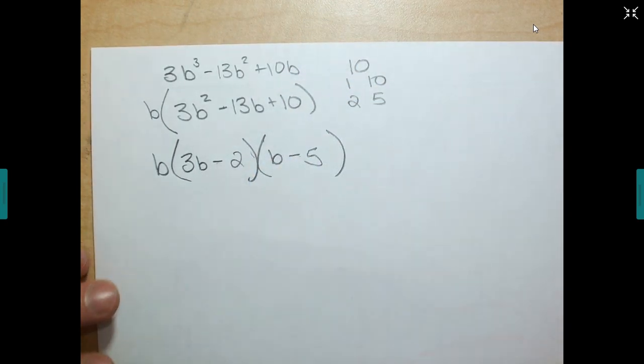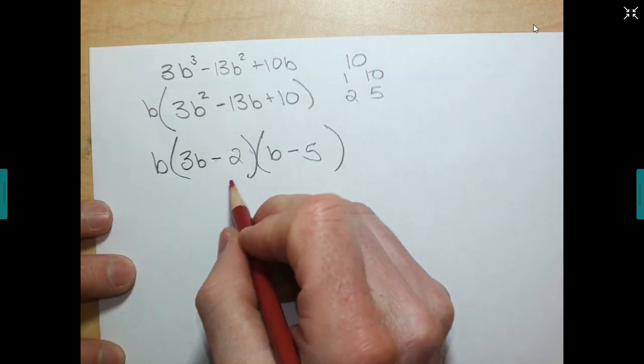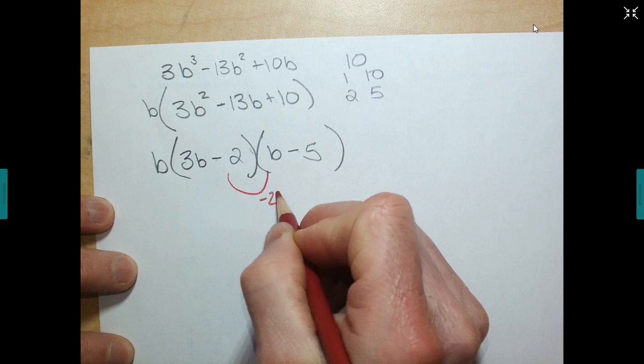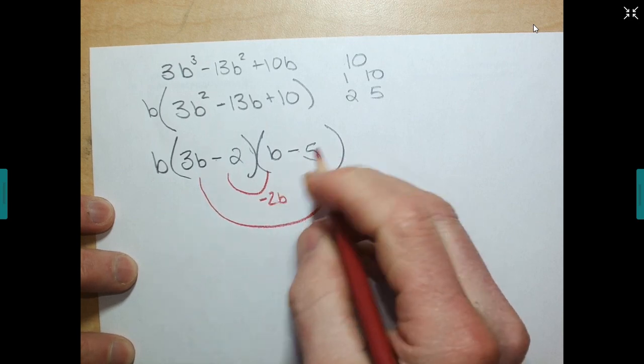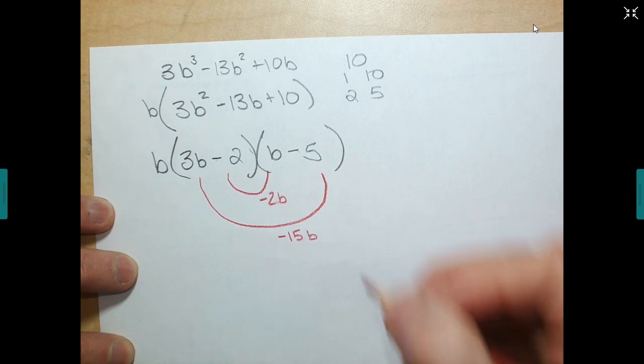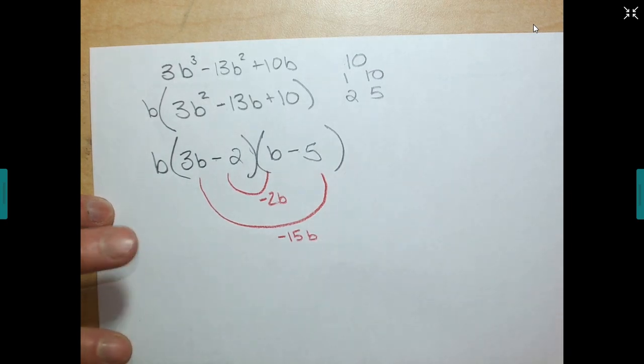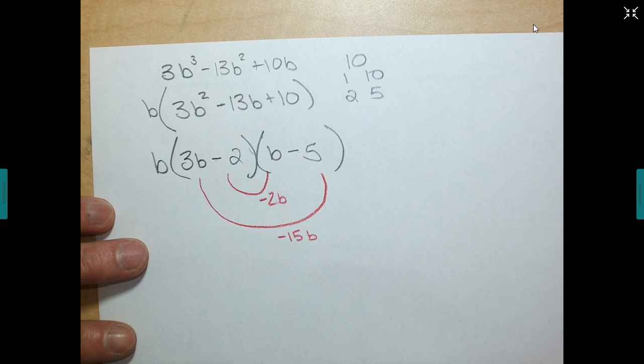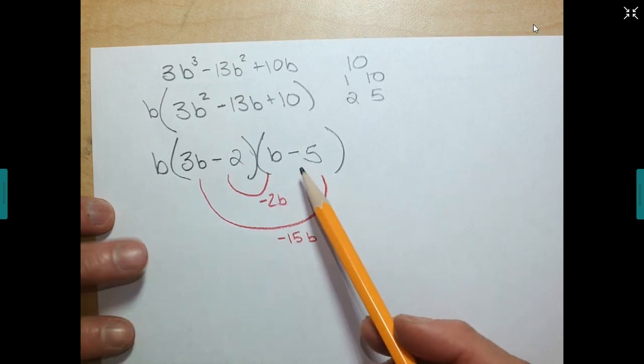Let's see. So now I have to do my little happy face, or double happy face. So I have negative 2b, and I have negative 15b. Real, that's negative 17, so that doesn't work. Dang it.